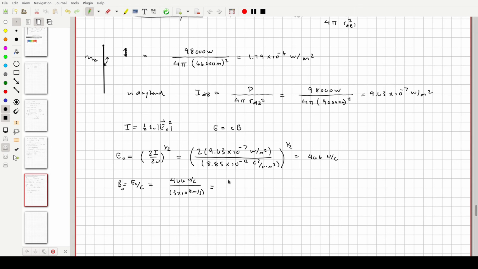And you get 1.55 times 10 to the minus 6 Tesla. So there you go. You got the magnetic field, you got the electric field, and we also have our intensities.